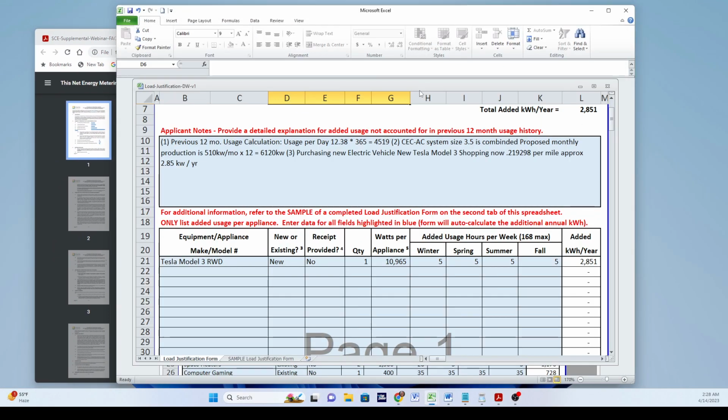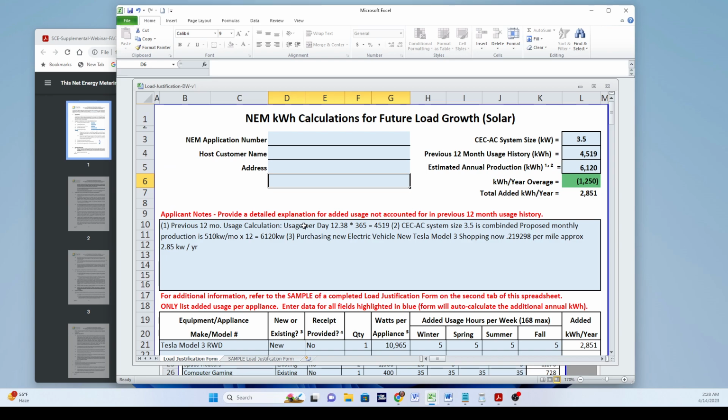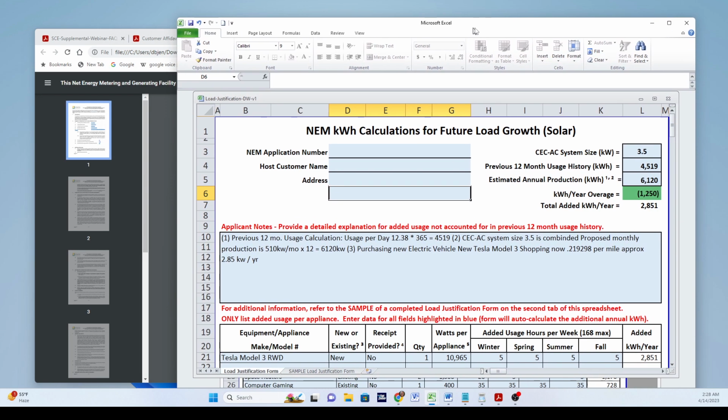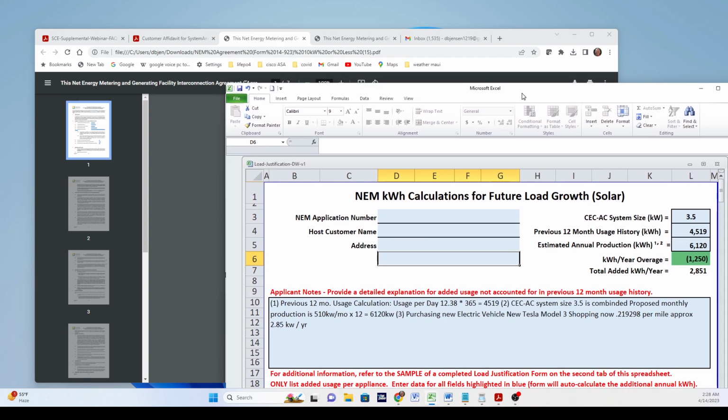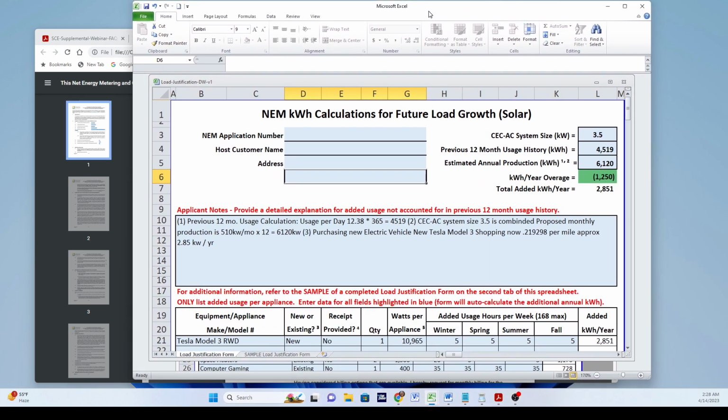Okay, so let's take a look at this justification form. That justification form can be downloaded off the Edison site. I don't have a quick way to, maybe I can show you, but I don't know where that thing went. Anyway, you download the justification form.